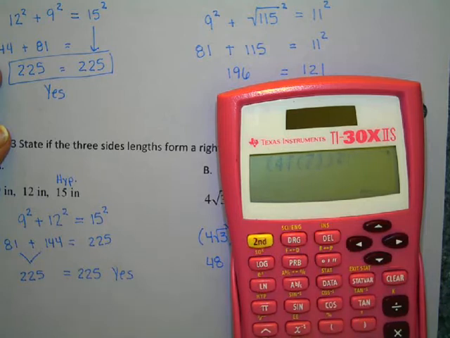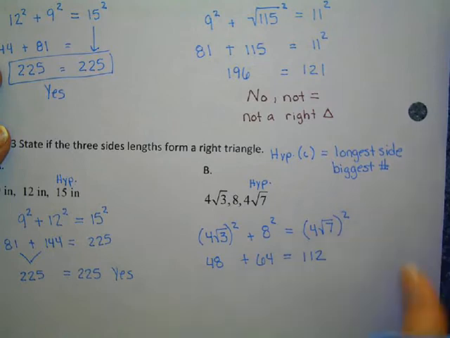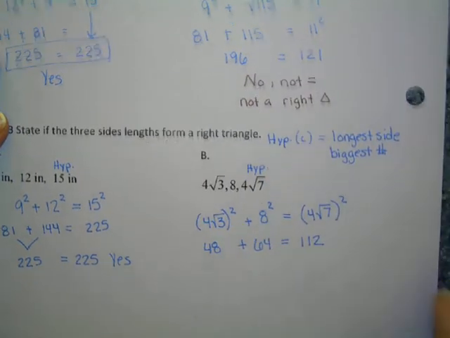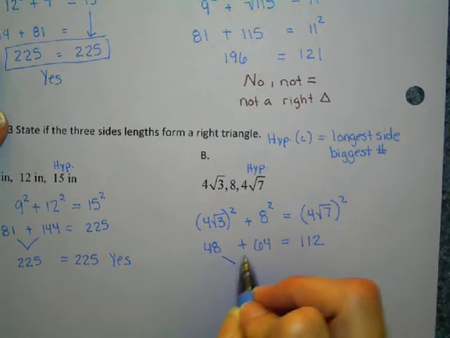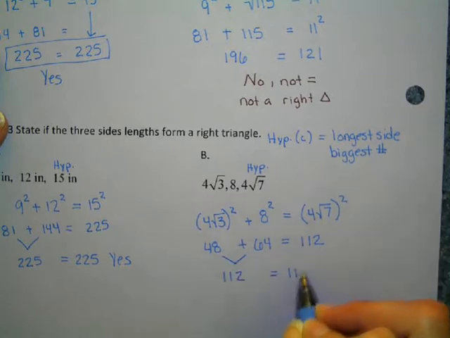Okay, 4 square root of 7 squared is 112. Alright, now we gotta add 48 plus 64 equals 112. Hey, looky there. These two add up to 112, and this one equaled 112, so this answer would be yes.